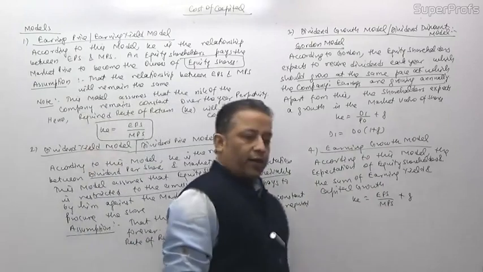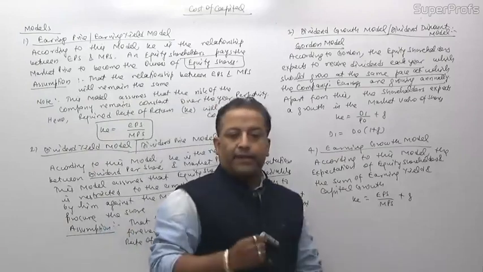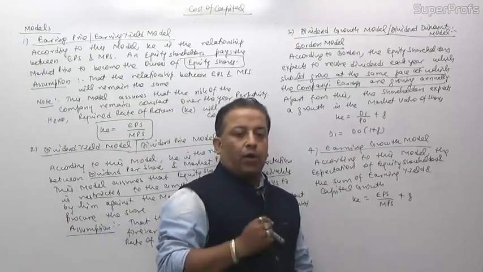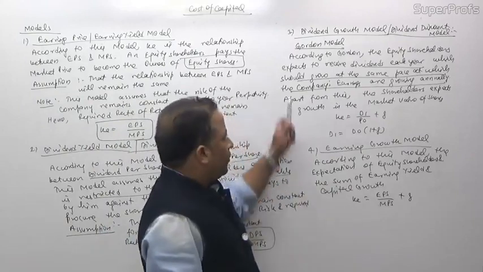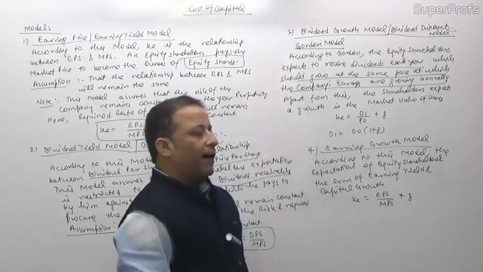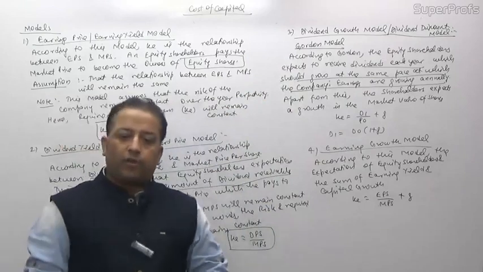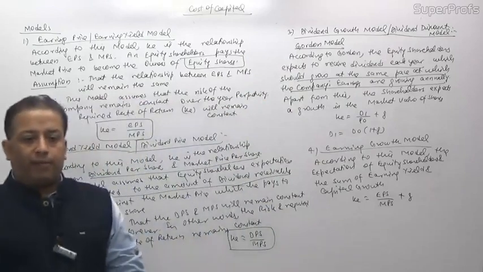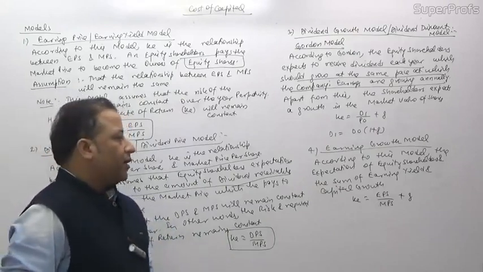So I have to multiply the last declared dividend by 1 plus G. As per the dividend growth model, dividend discount model, the formula to calculate cost of equity is D1 divided by P0 plus G.